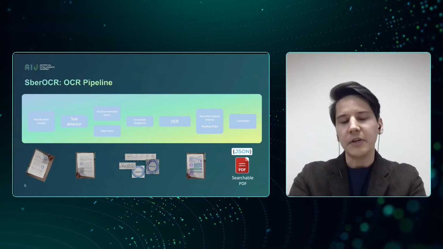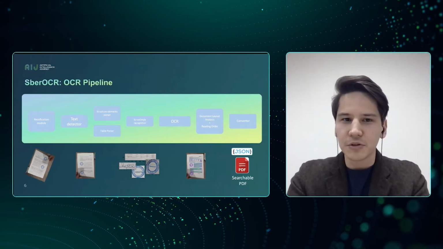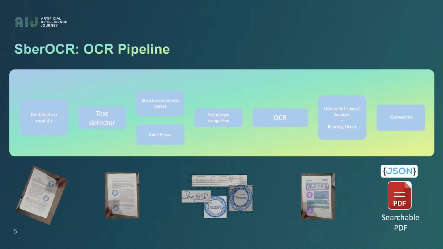Usually, when people talk about document recognition, they mean two types of models: text detection and text OCR. In fact, to ensure quality recognition and make sure you can use it further and give the result as an input for other models, you'll need more than that. For example, if the document comes in corrupted, you need to restore projected distortion.